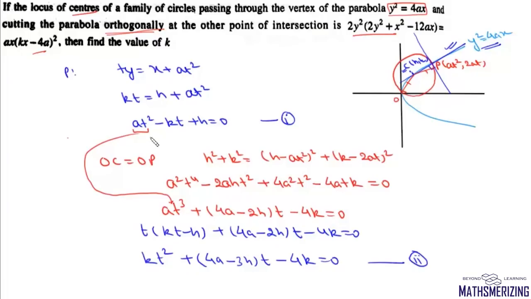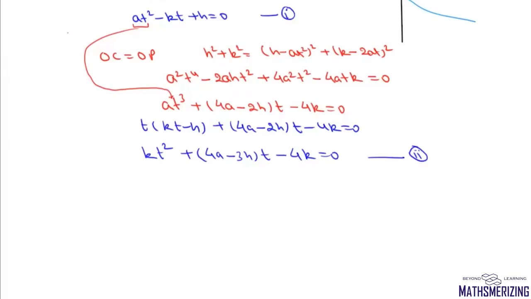Now we need to eliminate t from these two equations. Basically, we'll assume these two equations as linear equations in t square and t, so we can solve these linear equations. So we can write t square, and this is b1 b2. So it'll be minus k, and here it is 4a minus 3h, and then c1 c2.